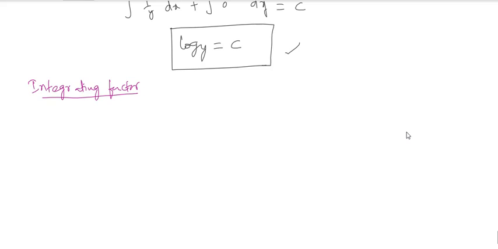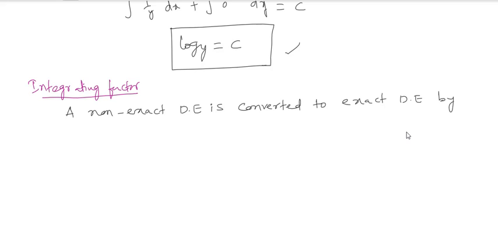So note it down: a non-exact differential equation is converted to an exact differential equation by multiplying with a function, that is f of x comma y.